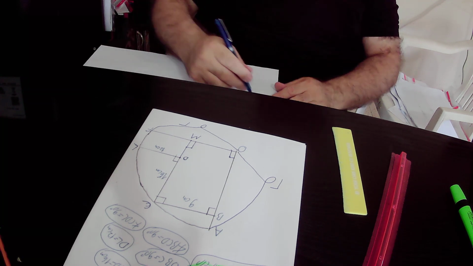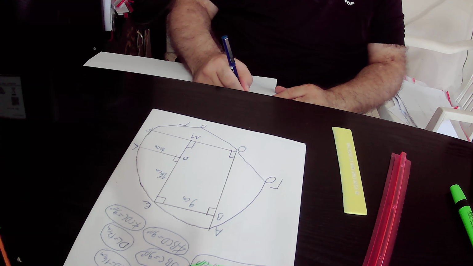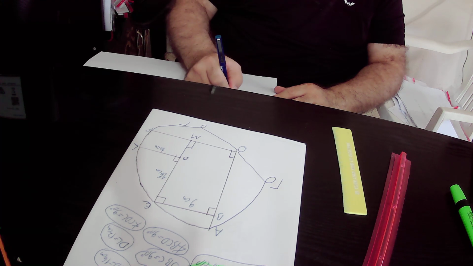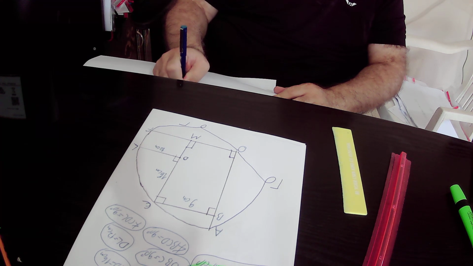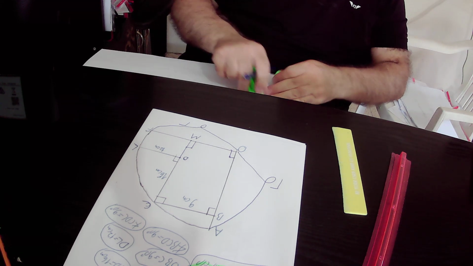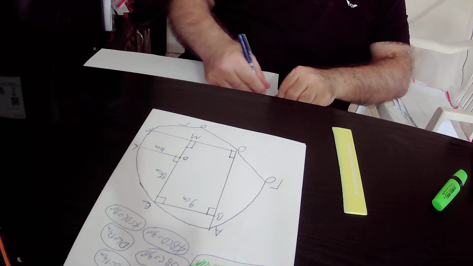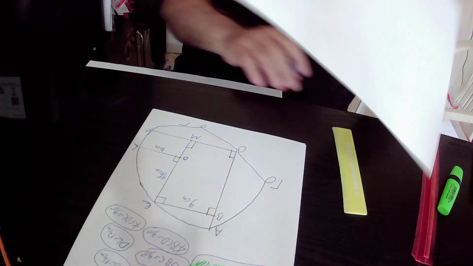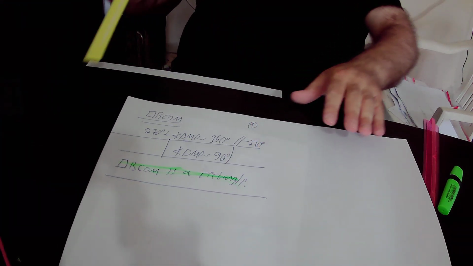And any quadrilateral that has four right angles must be at least a rectangle, if not a square. So we will relate to quadrilateral BCOM as a rectangle. I repeat again, quadrilateral BCOM is a rectangle.